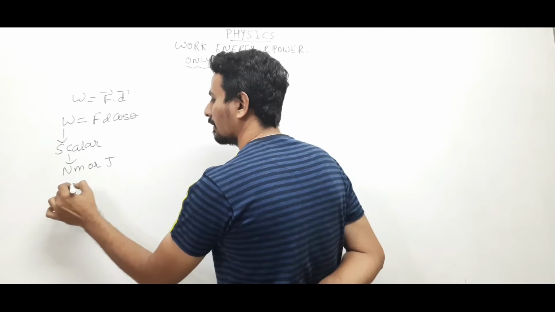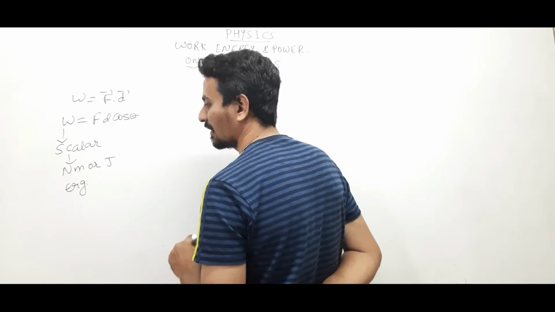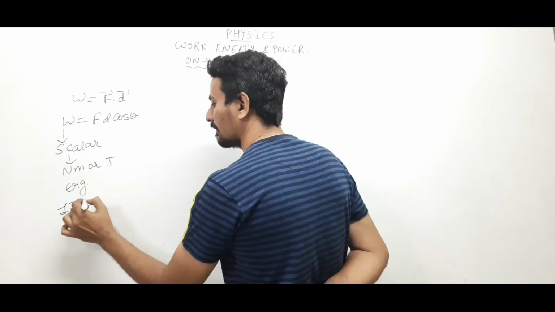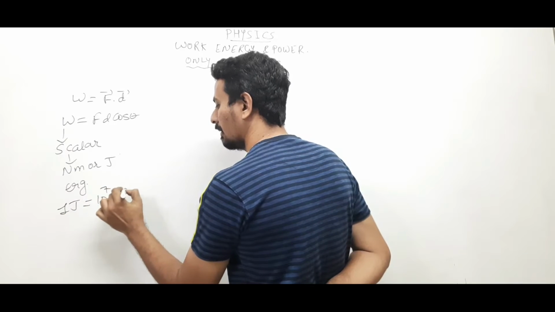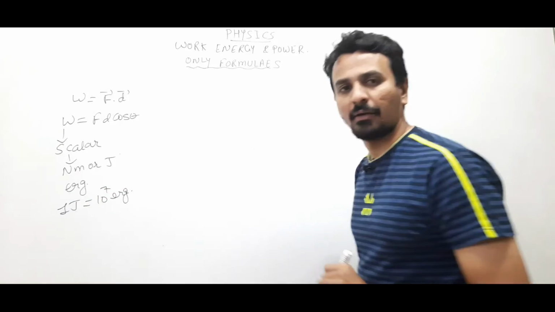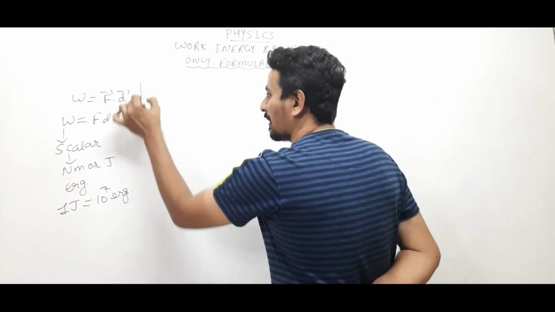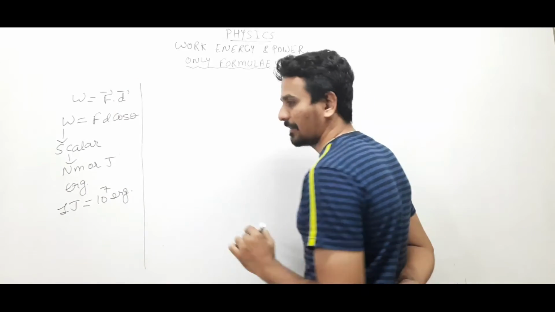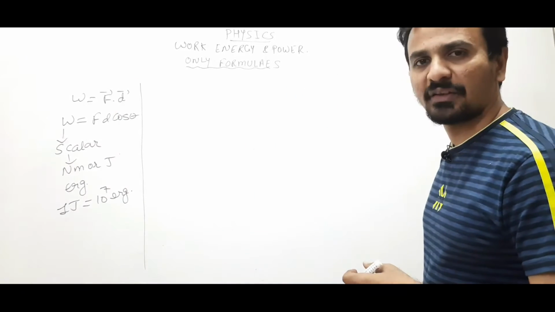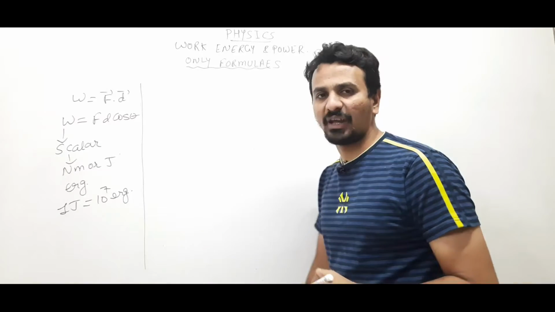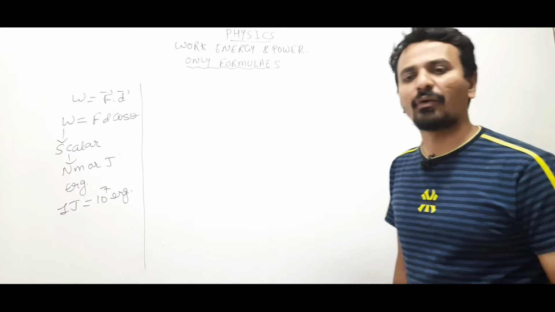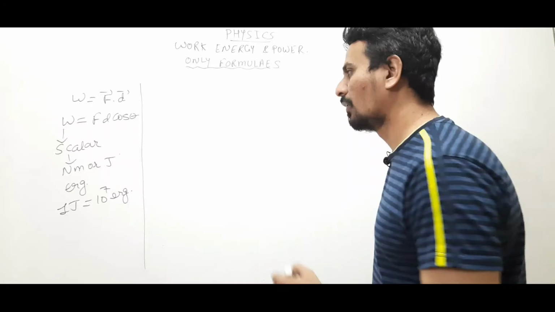CGS unit is erg, right? And 1 joule is 10 raised to 7 erg. Clear? Okay. Since work done depends on three factors, not two factors, force, displacement and angle, work done can be positive, work done can be negative, as well as work done can be zero, right?